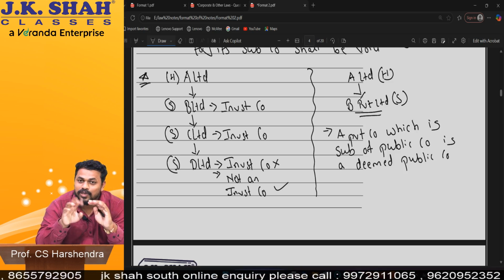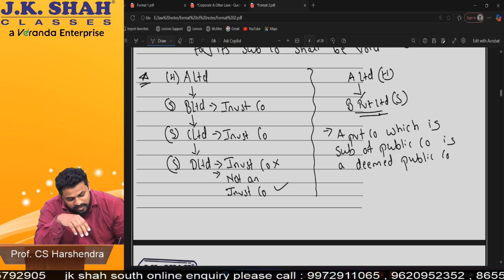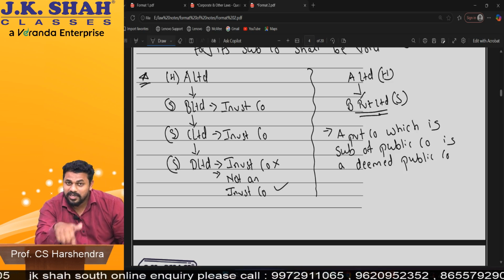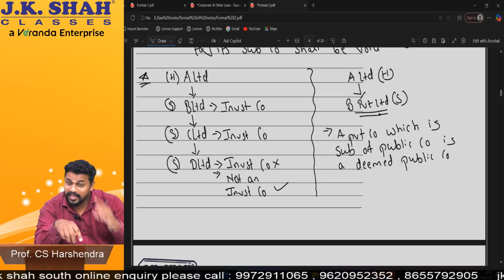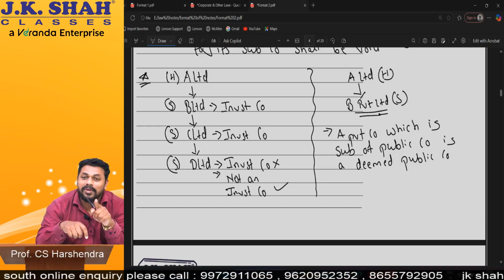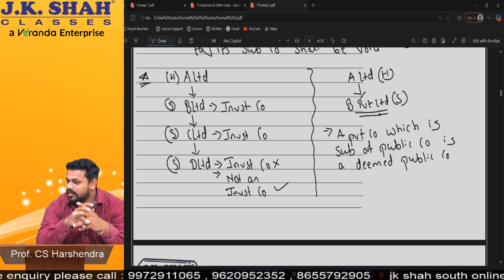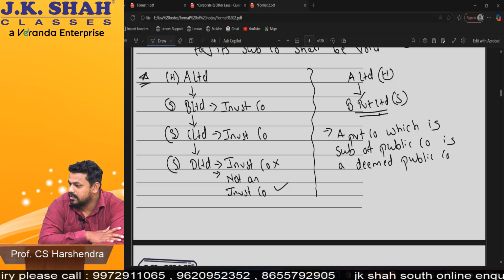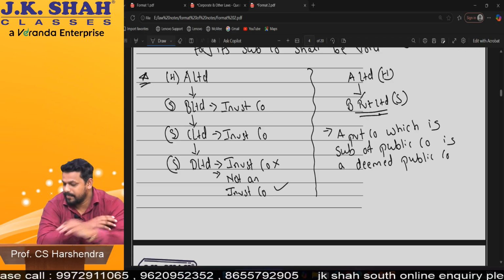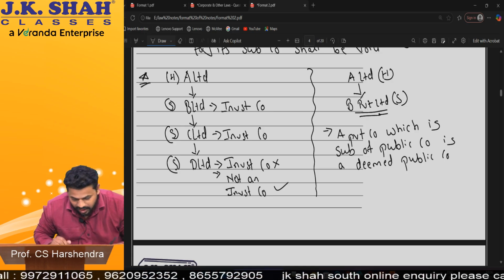Did you understand? So now beta, if this point is there, then in that subsidiary also, my subsidiary is a private company, there also beta I have to take whose approval? Members' approval. Am I clear with this? Just to cancel the loopholes. Clear? Everyone understood? Great. Now we'll do questions.